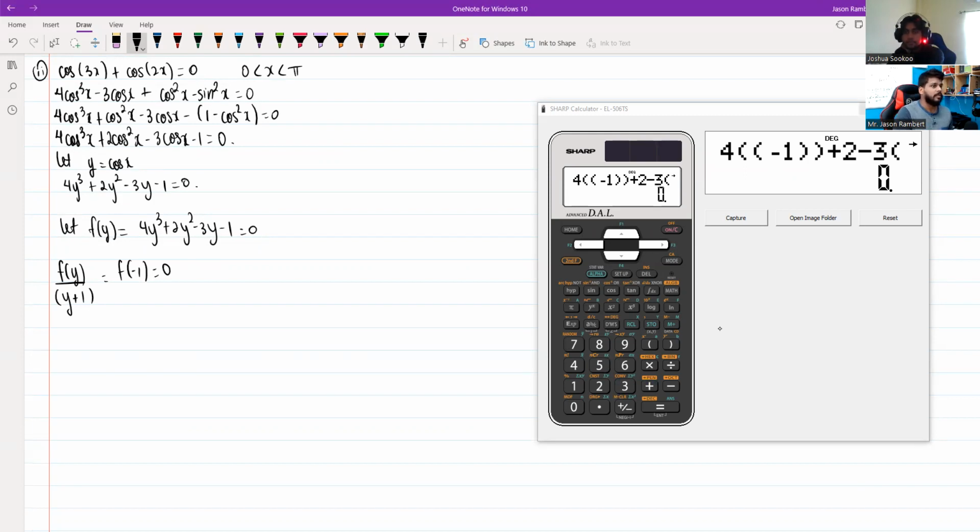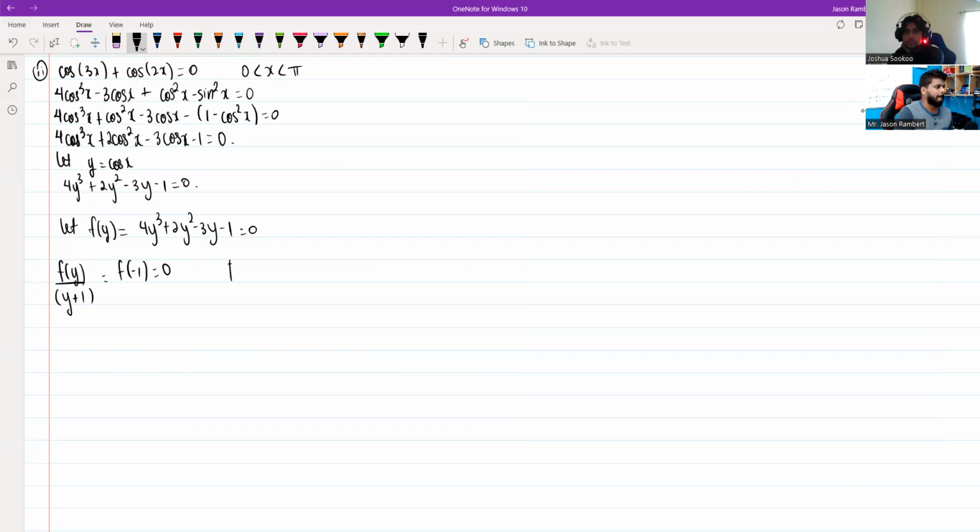And we quote the remainder theorem. If any polynomial f of x is divided by x minus a, the remainder is f of a.